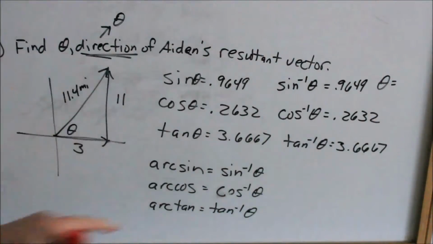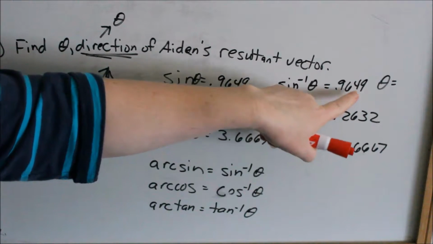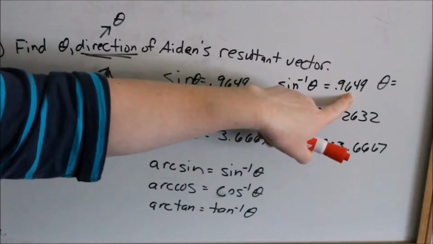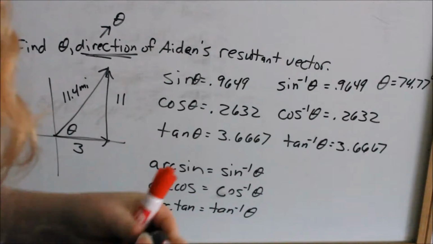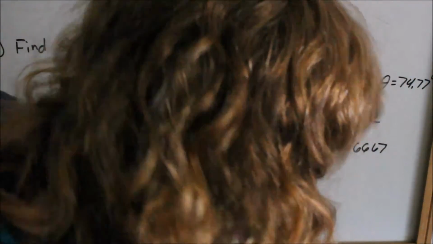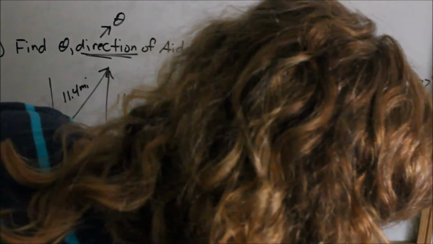It'll show 74.77. That is the value for theta. When you do the inverse sine of this number, you're actually solving for theta. So theta equals 74.77 degrees. If you do that for cosine, same thing. Use that decimal, 0.2632, and then do the inverse of cosine using your second button.